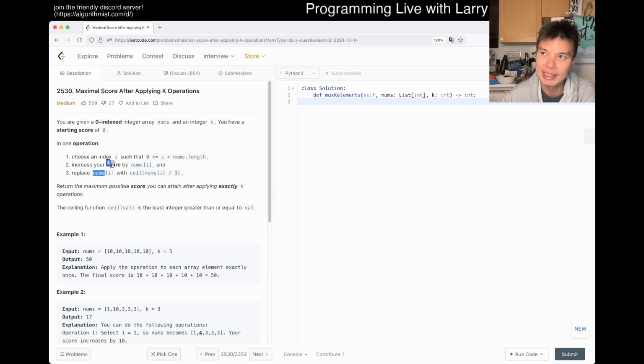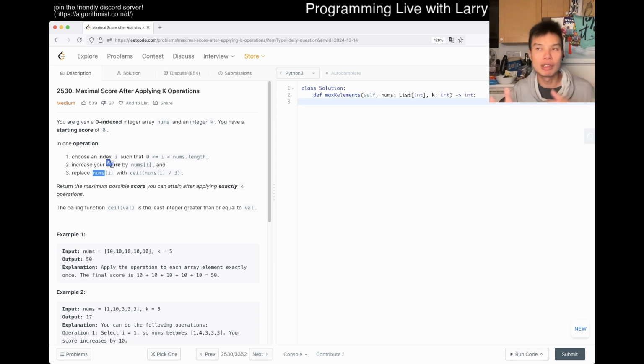Basically we're replacing a number x with x over 3, rounded up. There's no choice in that function, meaning that the bigger number you take, you replace it with a bigger number anyway.